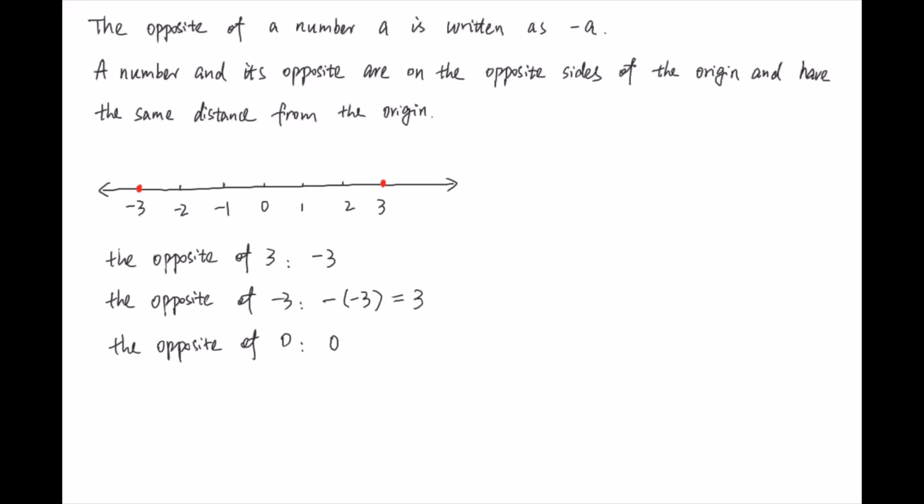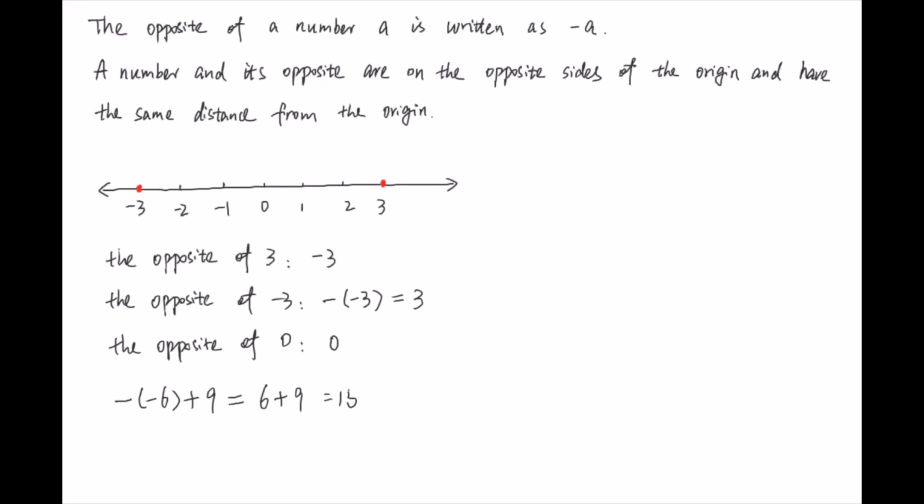So now we can simplify some expressions related to the opposites. We can simplify this numerical expression. The first term right here is the opposite of -6, which is actually +6.